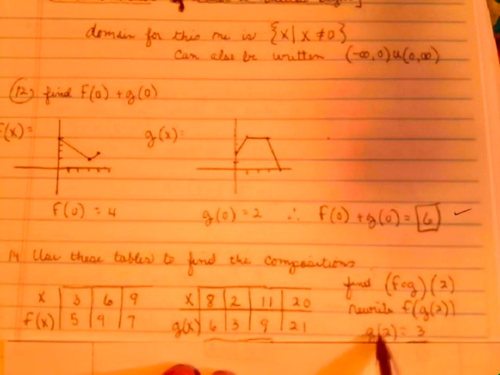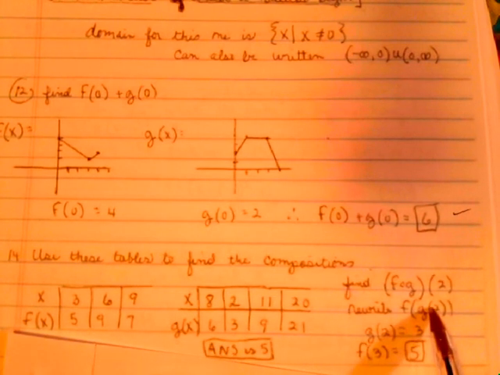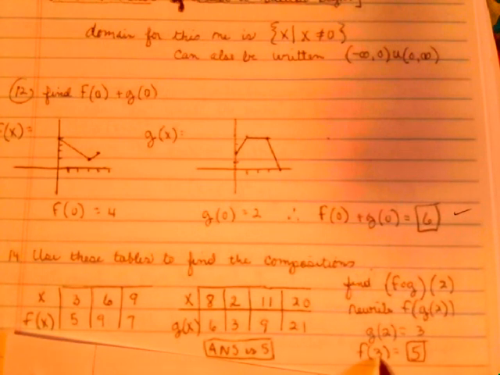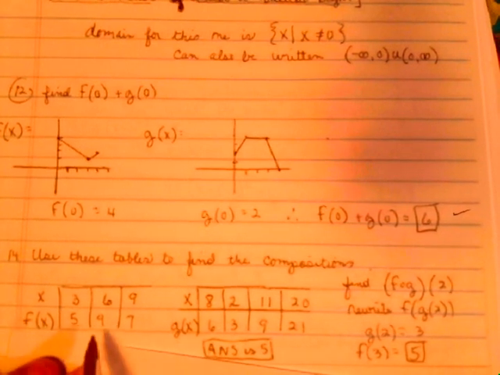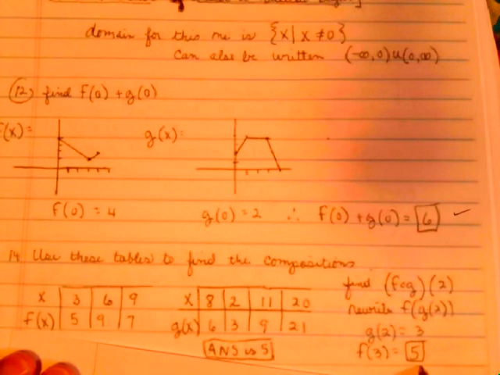So g of 2 is 3. Now, if g of 2 is 3, I mark that out and put a 3 right there. I'm looking for f of 3. Go to the f table. When x is 3, f of x is 5. Final answer, 5.